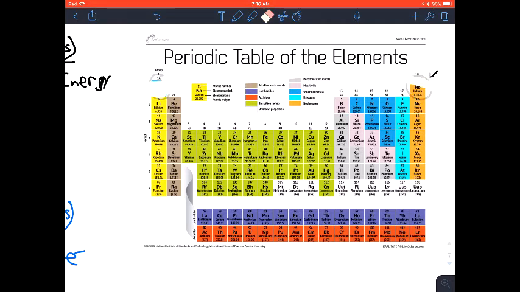If you're looking at the 2nd period, then you can only have 8 elements: 1, 2, 3, 4, 5, 6, 7, 8. So on the 2nd floor, you can have a maximum of 8 rooms, or 8 elements. Therefore, your second energy shell can only have a maximum of 8 electrons.